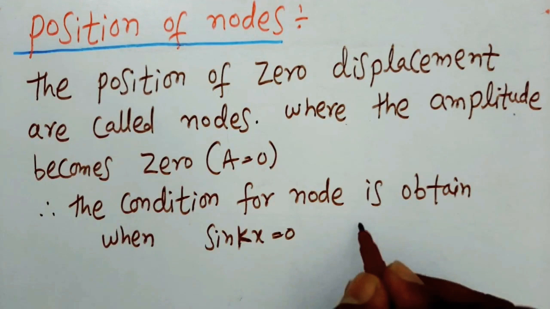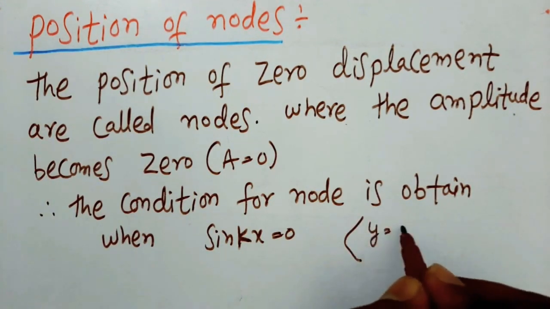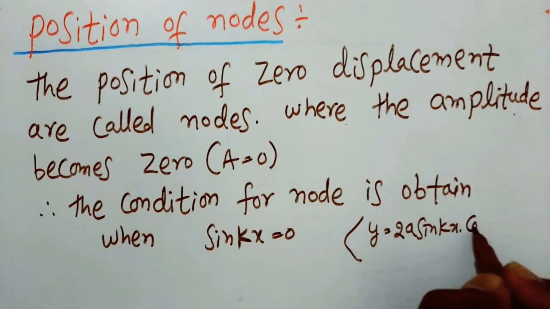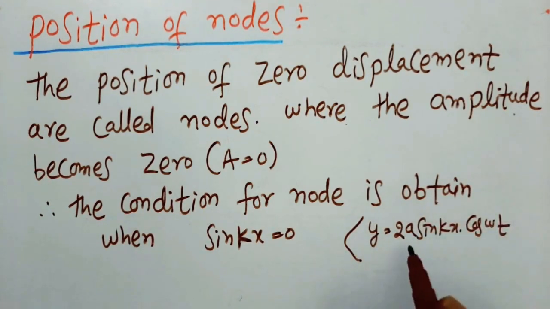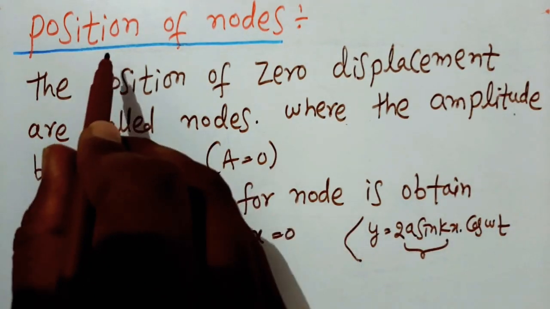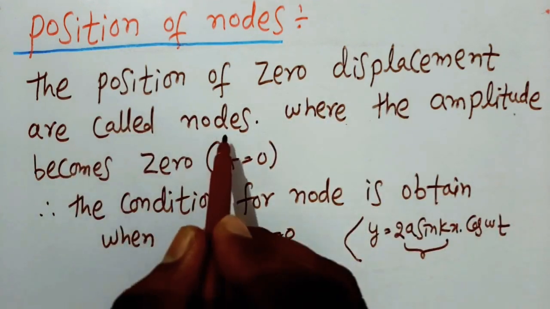We know the displacement of a standing wave is y equal to 2a sin kx into cos omega t. Here 2a sin kx is the amplitude of the standing wave. So what are the nodes? The positions of zero displacement are called nodes.